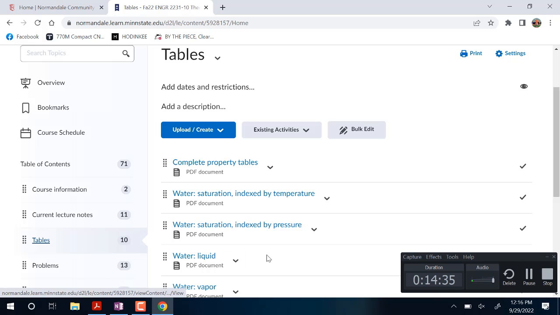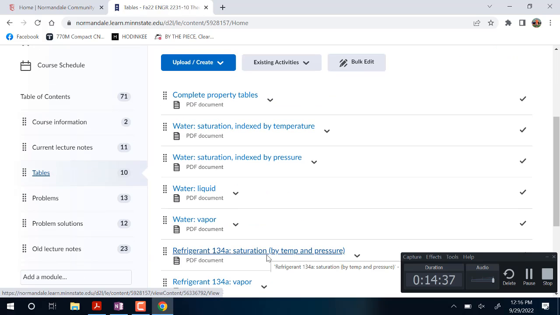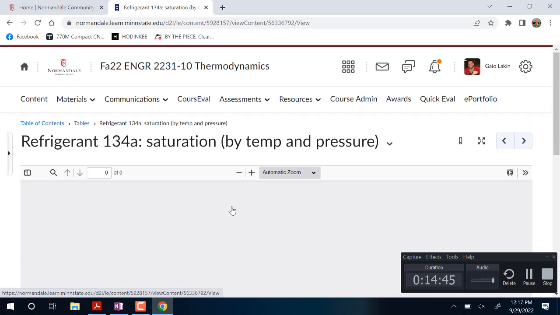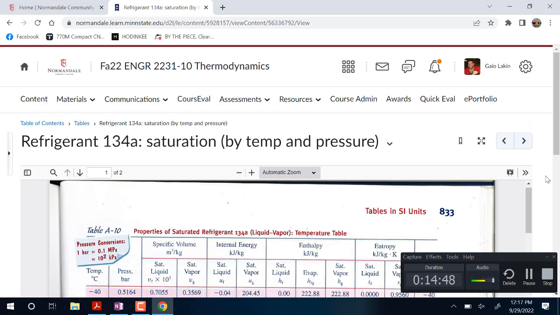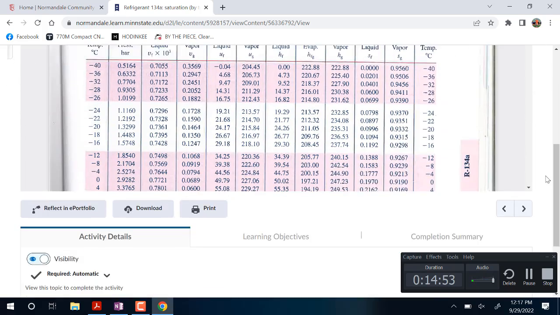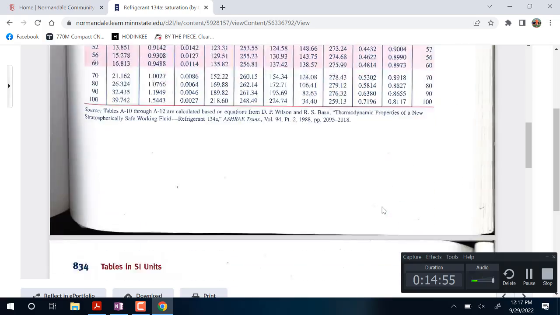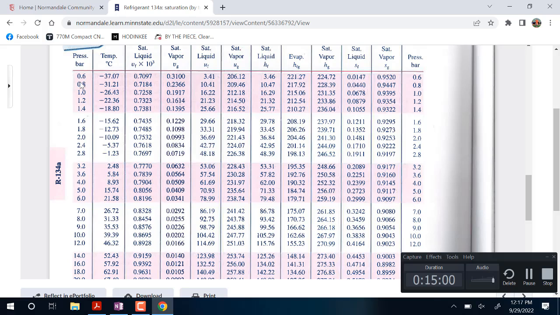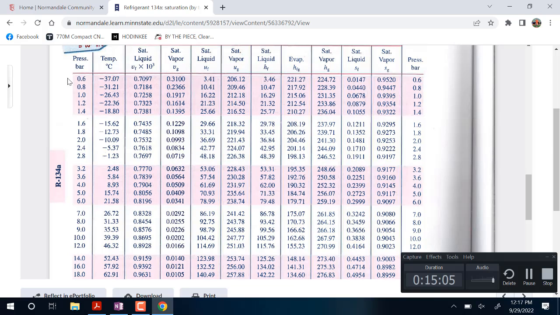Okay, so at the inlet, we had a saturated vapor at a pressure of about 0.7 megapascals. So I'll go down here, in between these two, we had a saturated vapor.